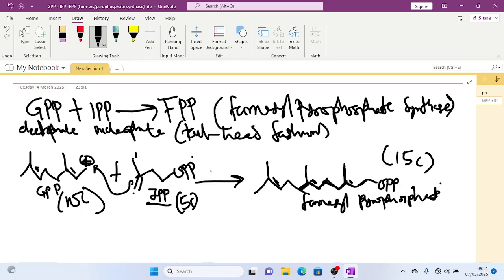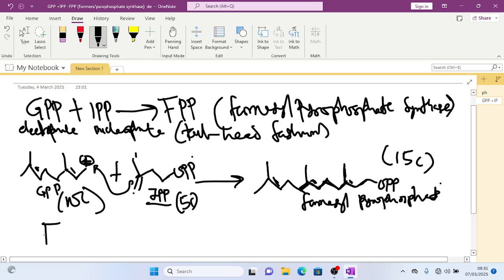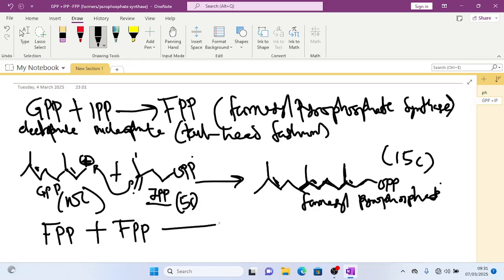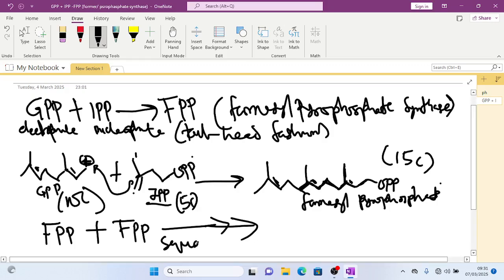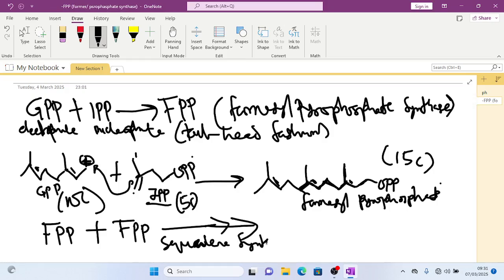Now the next reaction is a very interesting one because it involves the combination of two farnesyl pyrophosphates, which are two 15-carbon compounds, combining together in the presence of an enzyme called squalene synthase, so as to give us a 30-carbon squalene, right?